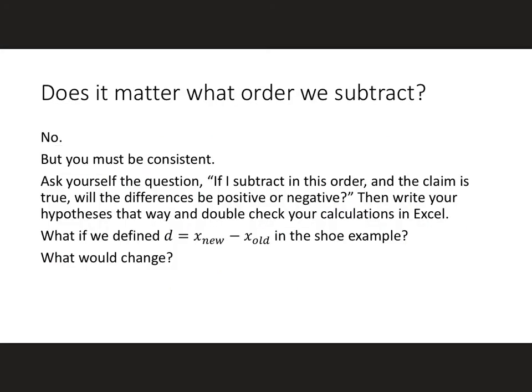So, does it matter which order we subtract? No, you just must be consistent. So ask yourself the question, if I subtract in this order and the claim is true, will the differences be positive or negative? And then write your hypothesis that way and double check your calculations in Excel. So what if we defined D as X sub new minus X sub old in this shoe example? What would change?